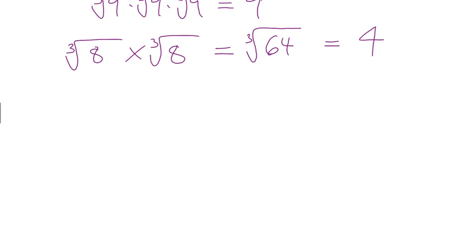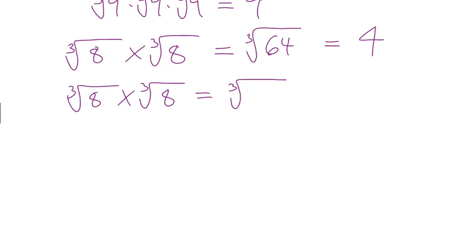We're going to get there, but you're just getting there a little bit ahead of me. Cube root of 8 times the cube root of 8 is the cube root of 8 squared. And so we can write that as 8 to the 2/3. Okay?